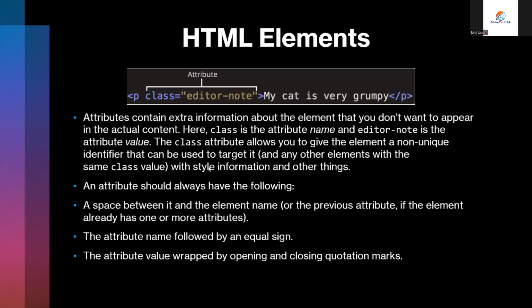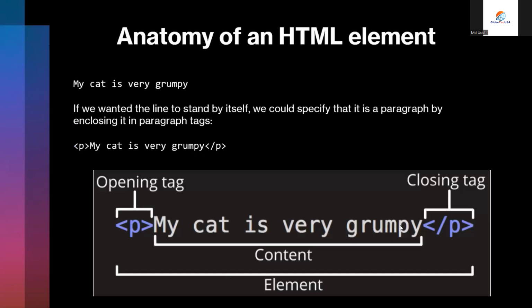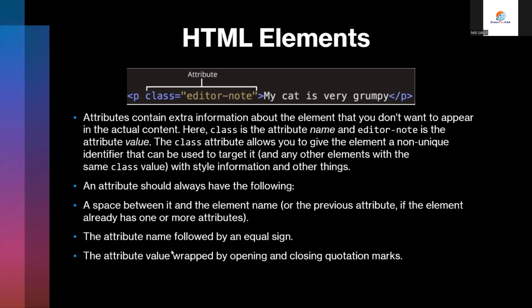So what are the attributes of HTML elements? Attributes contain extra information about the element. We saw that here, my cat is very grumpy, this whole thing is the element, right? Even the element can have attributes. That means the element can have extra information that doesn't appear in the actual content. So here class is the attribute name.